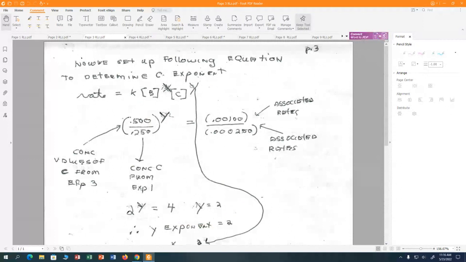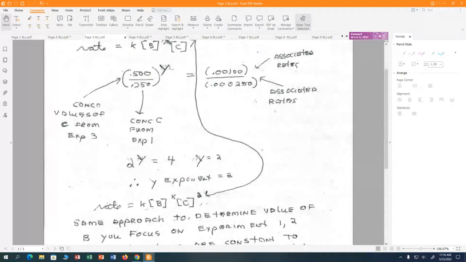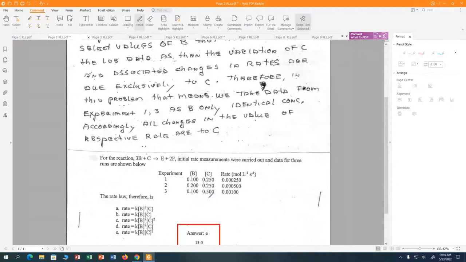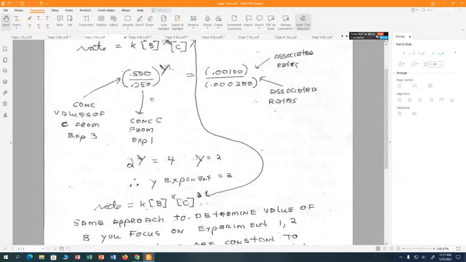We take the concentration values of C from experiment 3 and the concentration of C from experiment 1. Now, I got 0.50 and 0.250. Just as a refresher, we always want to have the larger number on top so that we don't have to look for what I would call negative exponents. So that's why that 0.50 is there.